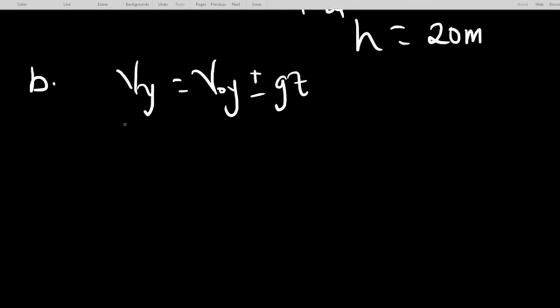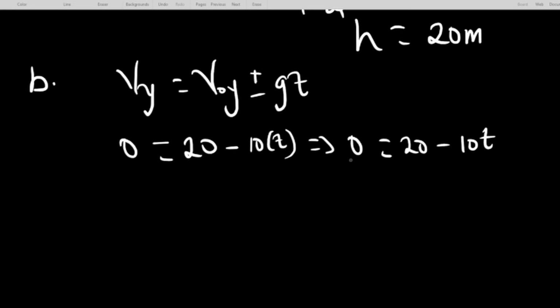So this becomes 0, because at the maximum height, the final velocity is always 0. This is equal to the initial, which is 20, then minus our g, which is 10, multiplied by t. So here we have 0 is equal to 20 minus 10t.